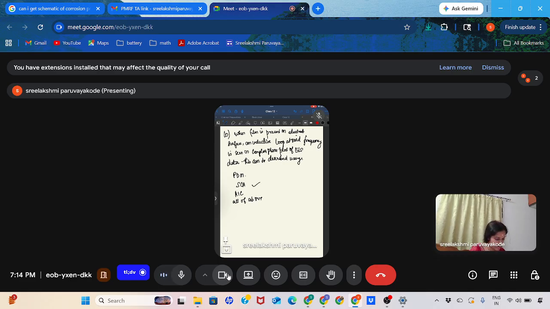So the answer is SC and AIC. Basically, it has multiple options. PDM is not accounting for the inductive loop, so the other two I'm saying are the correct answer.